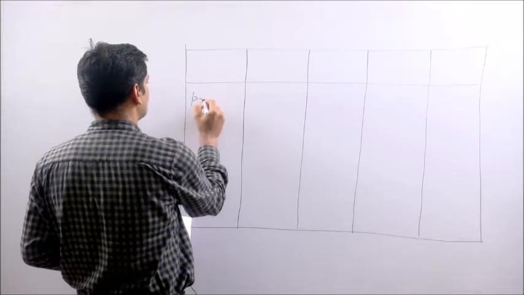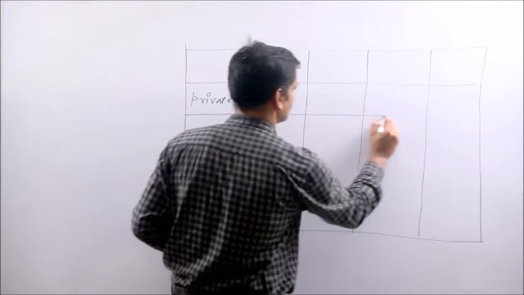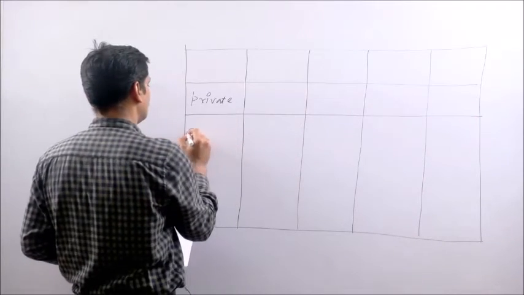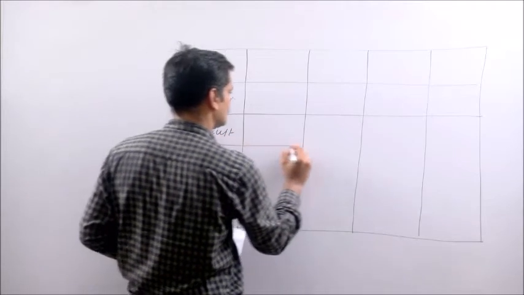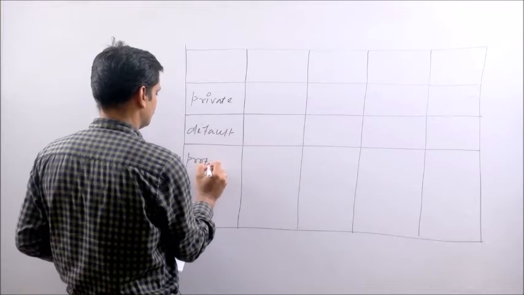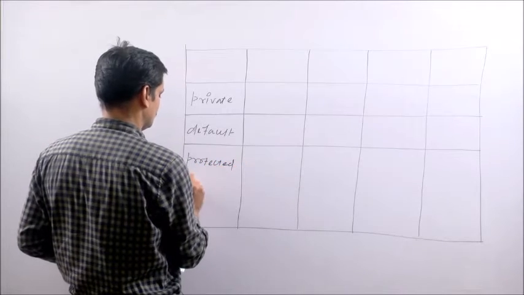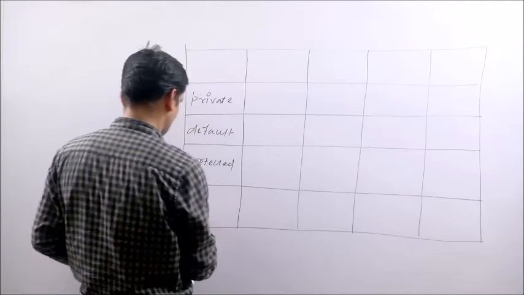So we have four access specifiers: private, default, protected, and public.